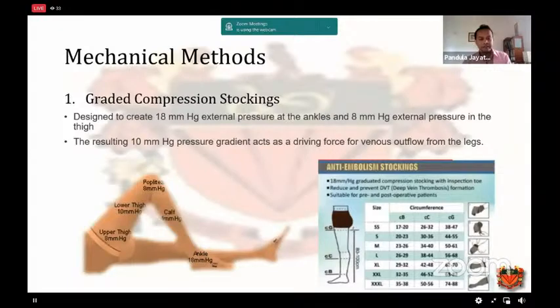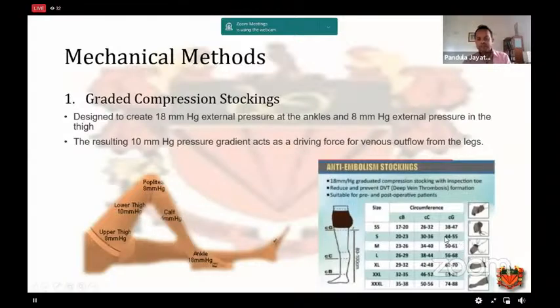So you get a higher pressure over the ankle than the calf, where the venous blood will be pumped towards the calf, and then again you have a bit higher pressure over the popliteal region, and then lower thigh you have a bit higher pressure, and then a reduced pressure over the upper thigh. So there is a pressure gradient which will augment the blood flow towards the heart.